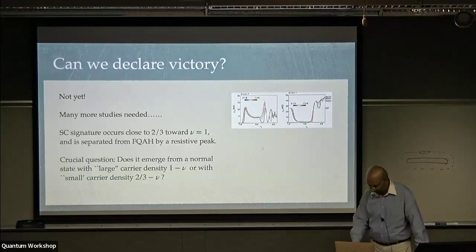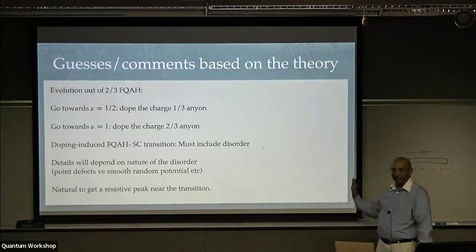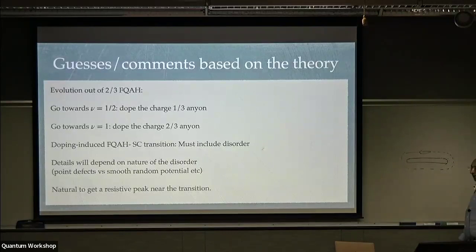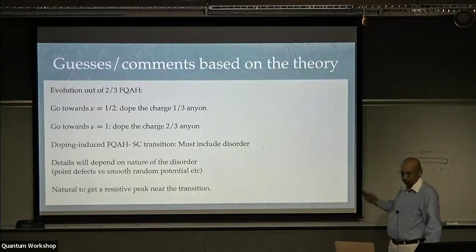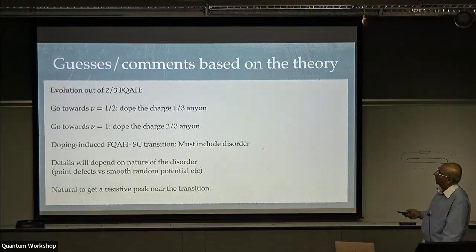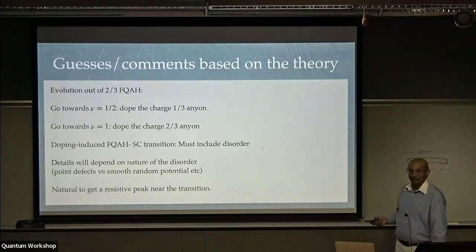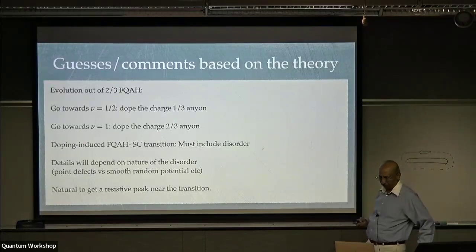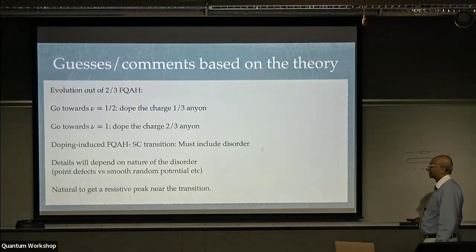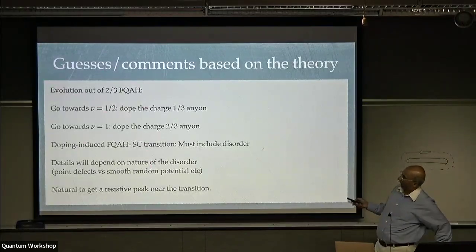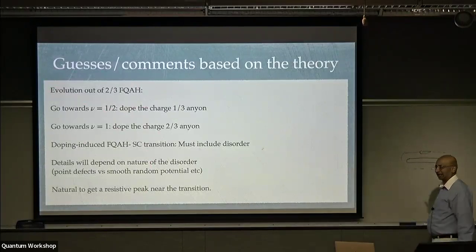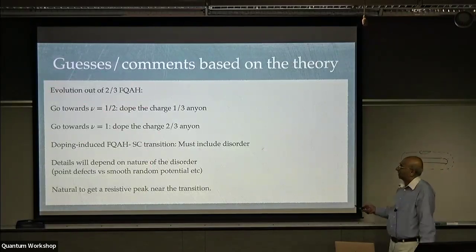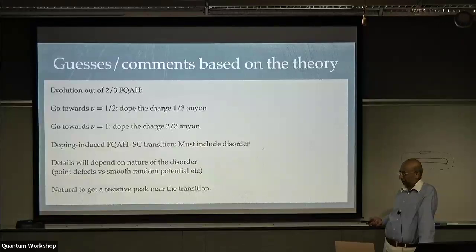But I think that's a good target for people to answer by doing more transport measurements. Given that we have some theoretical framework to think about this observed phenomenon, let's try to make some guesses. Let's ask what happens in the real device that Ting-Chen Lee has, for the evolution out of the 2/3 fractional quantum anomalous Hall state.